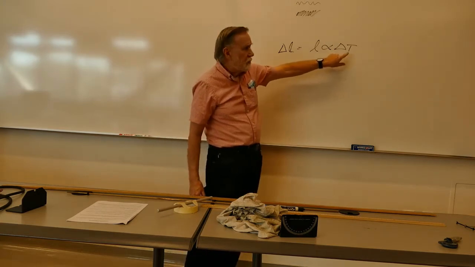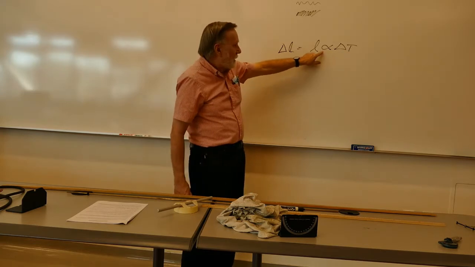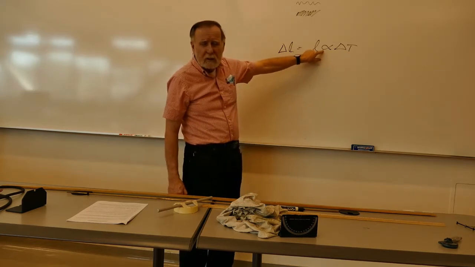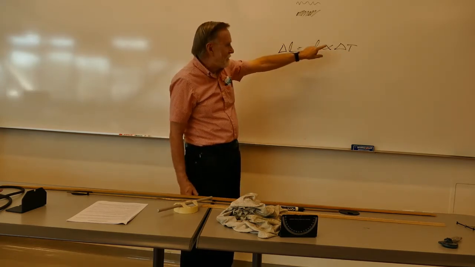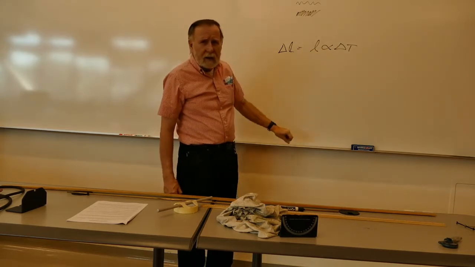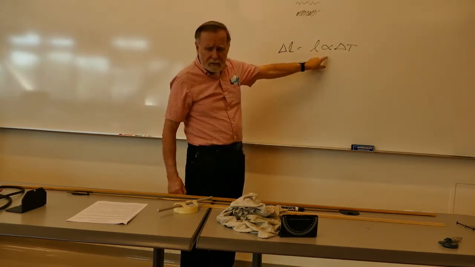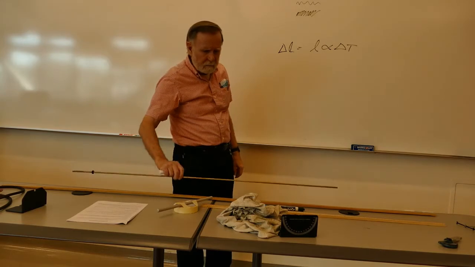It's proportional to the change in temperature, and it also depends on the coefficient of thermal expansion for that particular material. The goal of the lab today is to measure the coefficient of expansion for a brass rod.